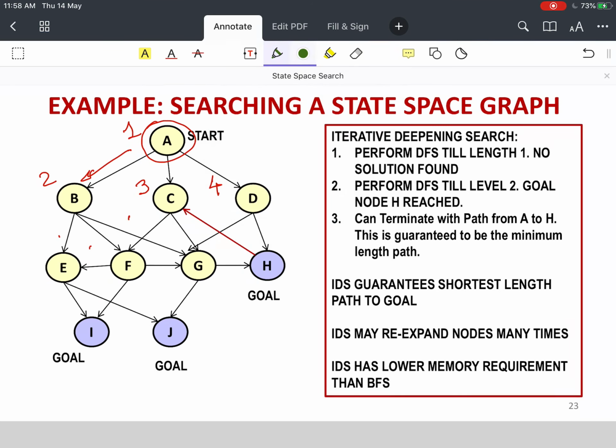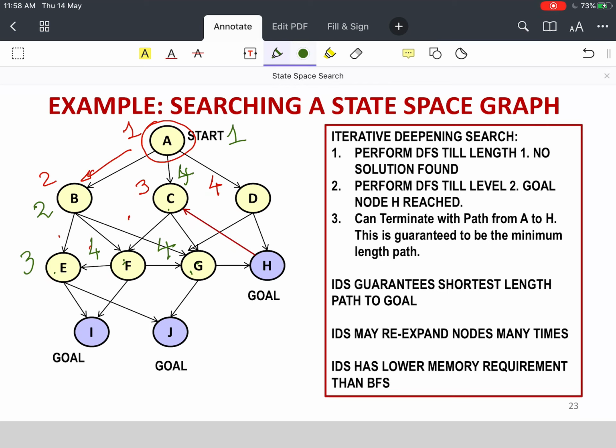Then it will move to iteration 2, and in iteration 2 it will restart. Again it will expand this, and this is the sequence of nodes which will be expanded. From this node and this node it will not go further. Then it will come back and do node C. From node C there are 2 children, but they are already done.